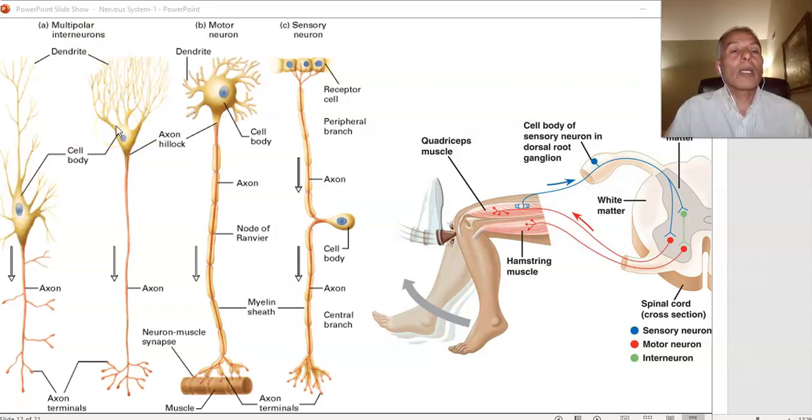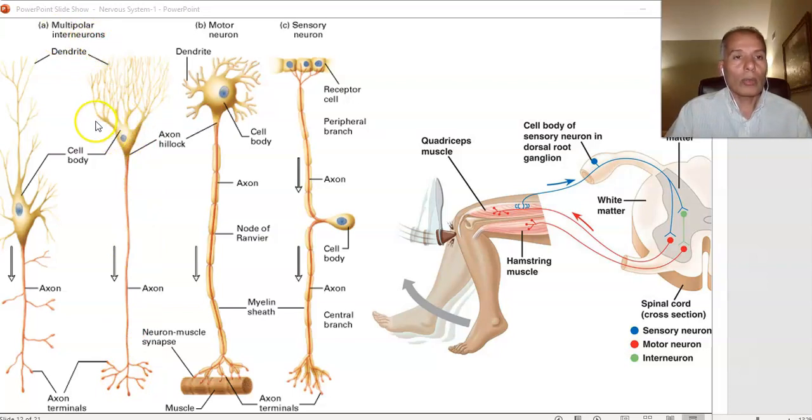They're called multipolar neurons because you have a cell body and you have big branches here. Each one begins as one piece and then it branches off on one side. And then on the other side, you have one axon and then synaptic terminals. So that's called the multipolar neuron.